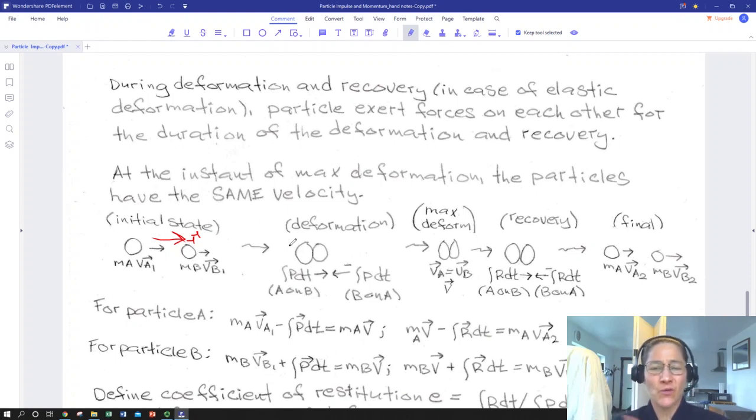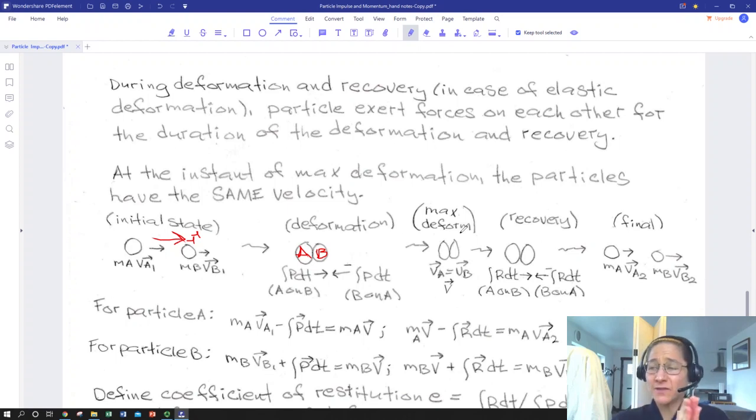If we've defined to the right on this page as the positive x direction, and the positive direction for our velocity, we could say that the impulse exerted by particle A on particle B is in the positive direction, and it's some pressure force, we'll call it P because we can think of the particles having pressure they're exerting on each other, integrated over some time. That is equal and opposite to the same force integrated over the same time but pointing in the other way, which is the impulse exerted by B on A. So equal and opposite.